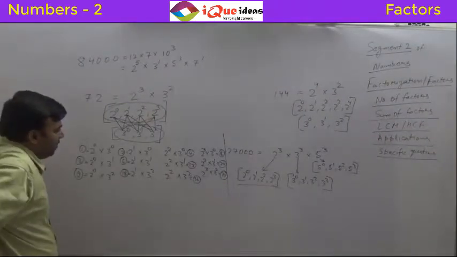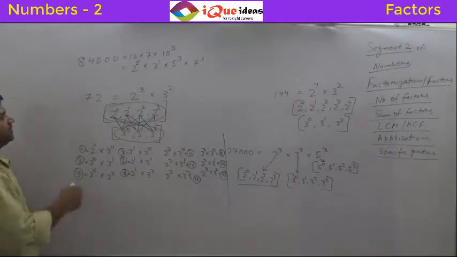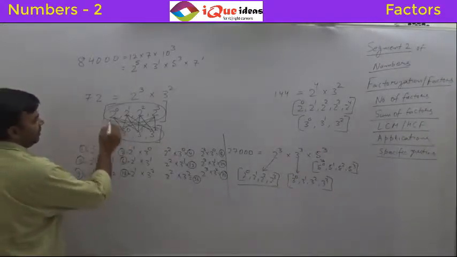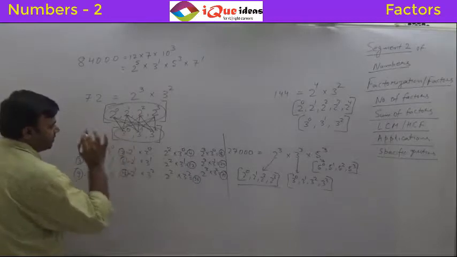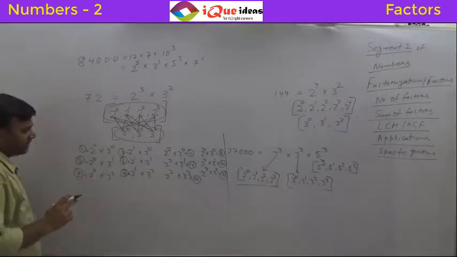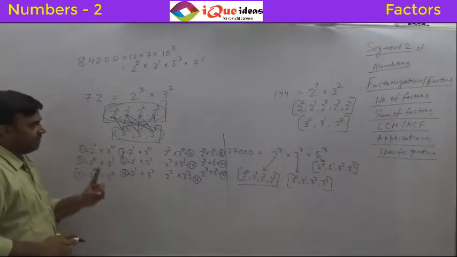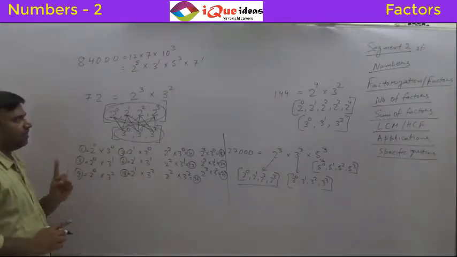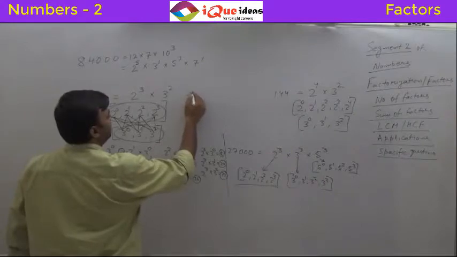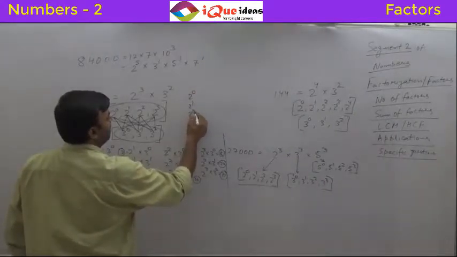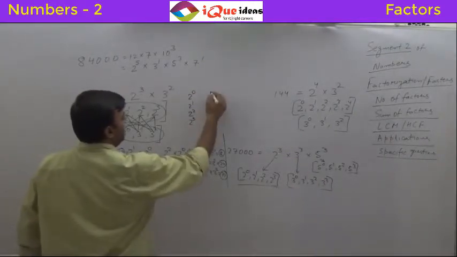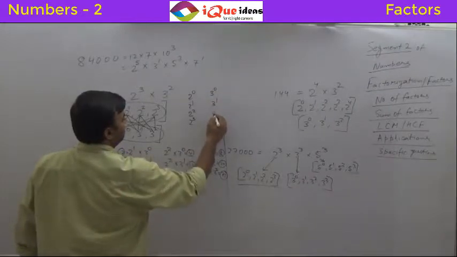Now, what we understand from here is that we just need to create combinations of powers of 2 and powers of 3, right? So how many combinations are created? 12 combinations. Now, do we need to do all this every time? No, absolutely not. You just see 2 to the power 0, 2 to the power 1, 2 to the power 2, 2 to the power 3, and 3 to the power 0, 3 to the power 1, 3 to the power 2.